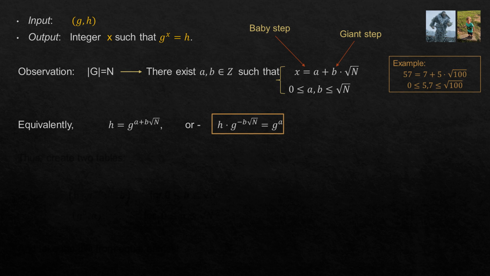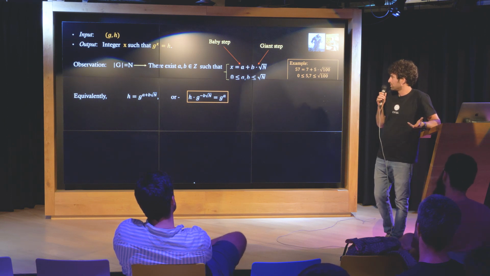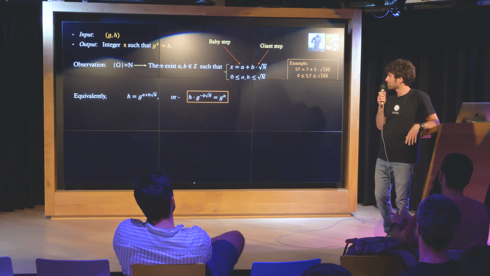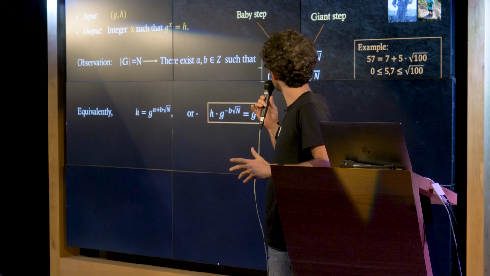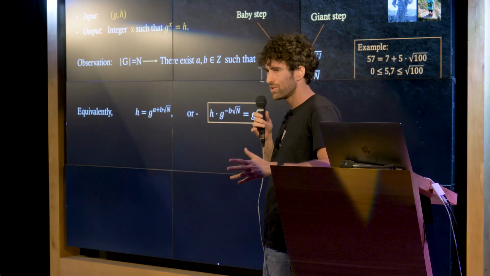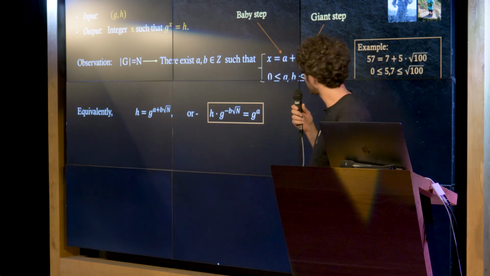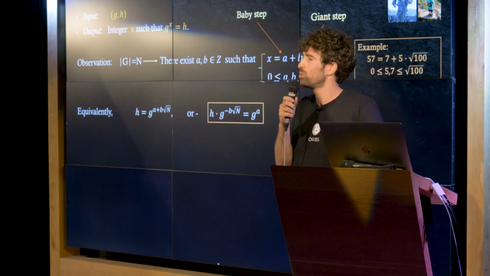I want you to stare at this equation and notice the following. The right-hand side depends only on a, and the left-hand side only depends on b. And we only have to check it for square root n different options of a and b. We have square root options for a, square root options for b. And if we find an equality, then we found x.